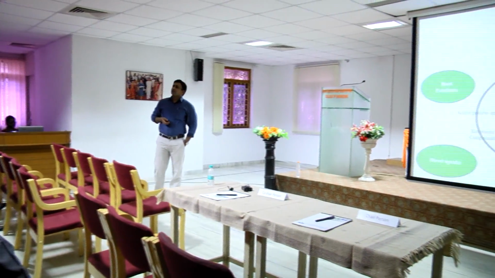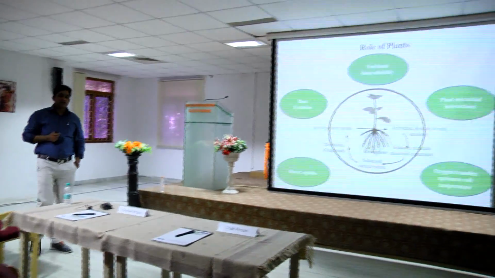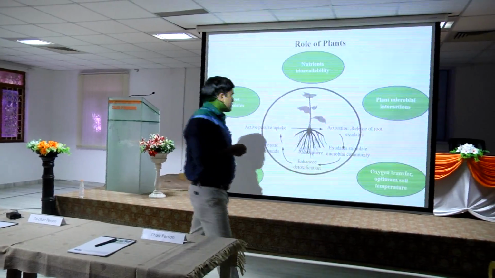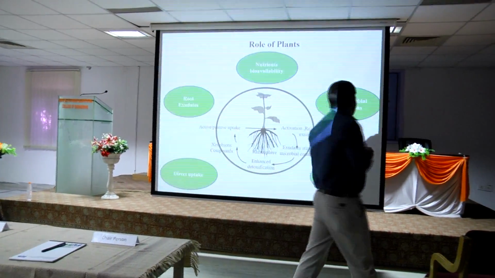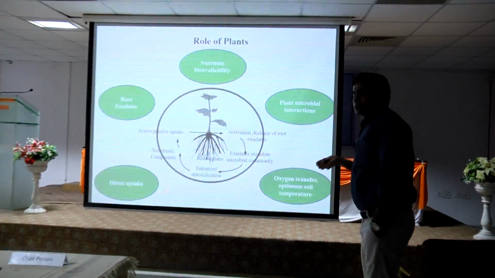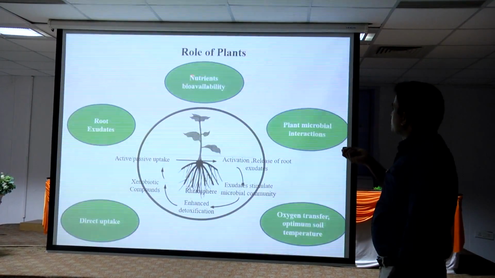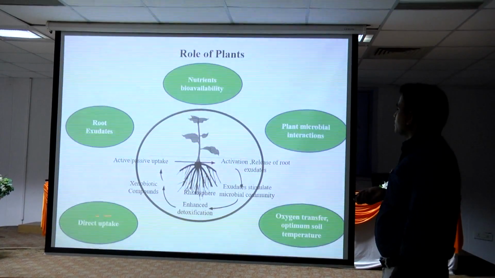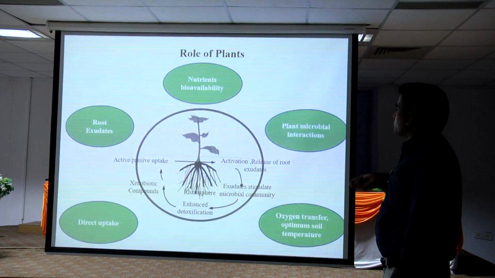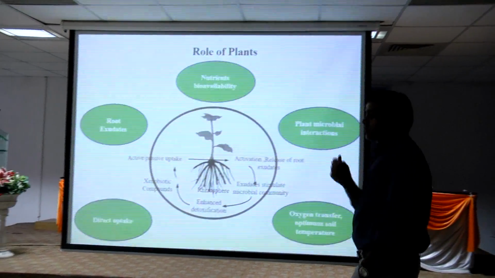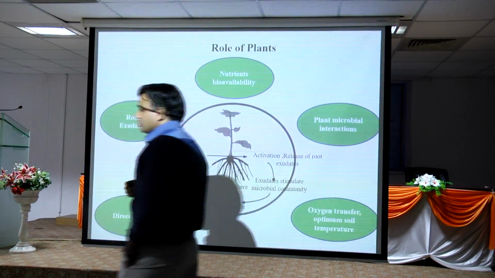Now the question comes: how can plants help us in increasing the rate of bioremediation? This figure shows the different ways in which plants positively affect the rate of bioremediation. First is nutrient bioavailability. Plants, and mostly plant roots below the surface, release some carbon sources which are known as root exudates.